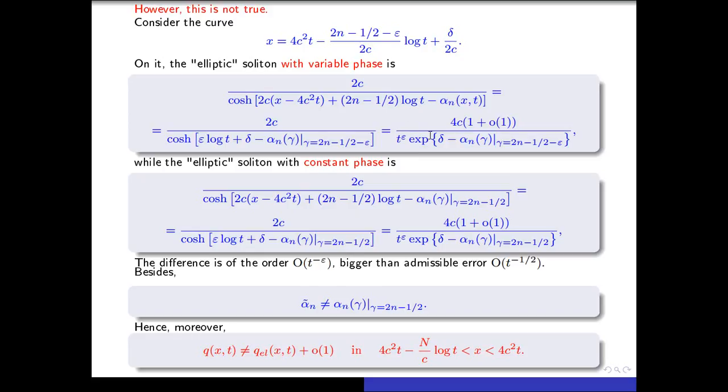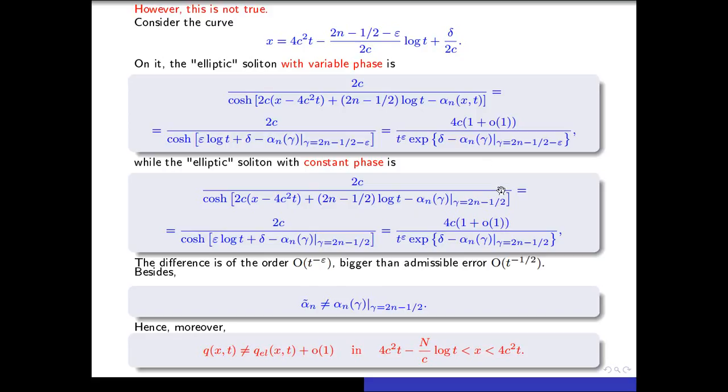If we replace the phase with a constant, then the resulting elliptic soliton on this line will also be of the order t^(-ε), but with some other constant.